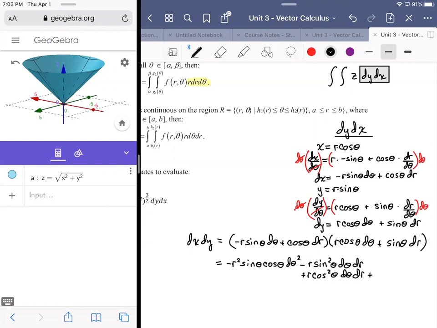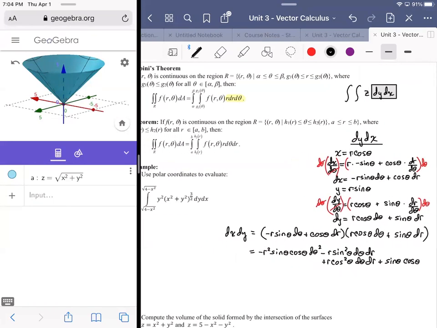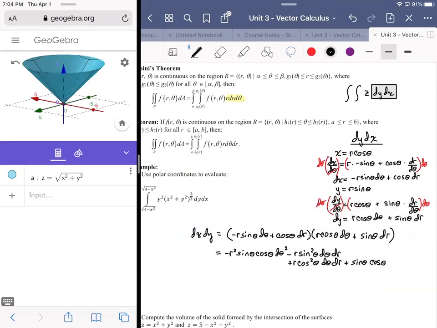Plus sine theta cosine theta dr squared. So that's what dx dy is equivalent to, at least at first glance.